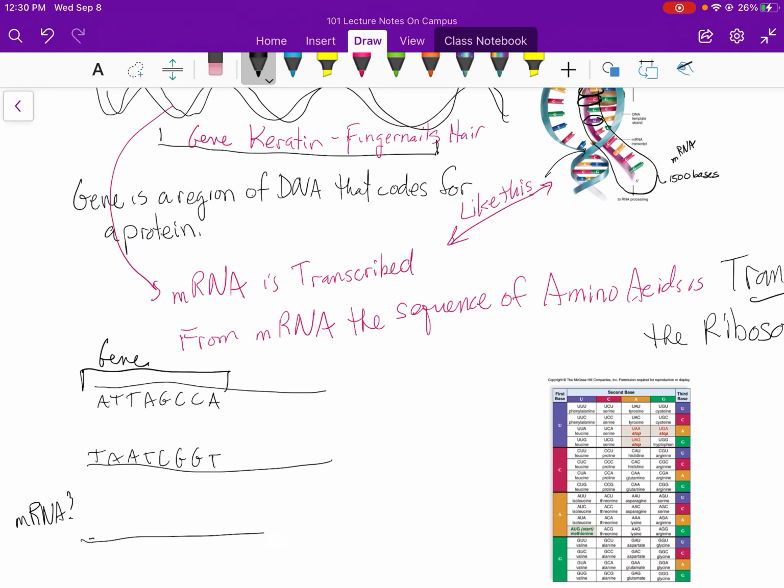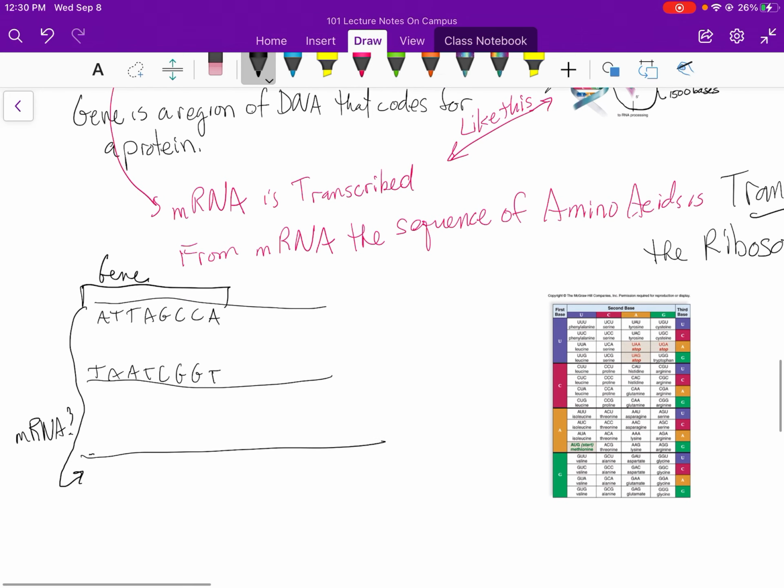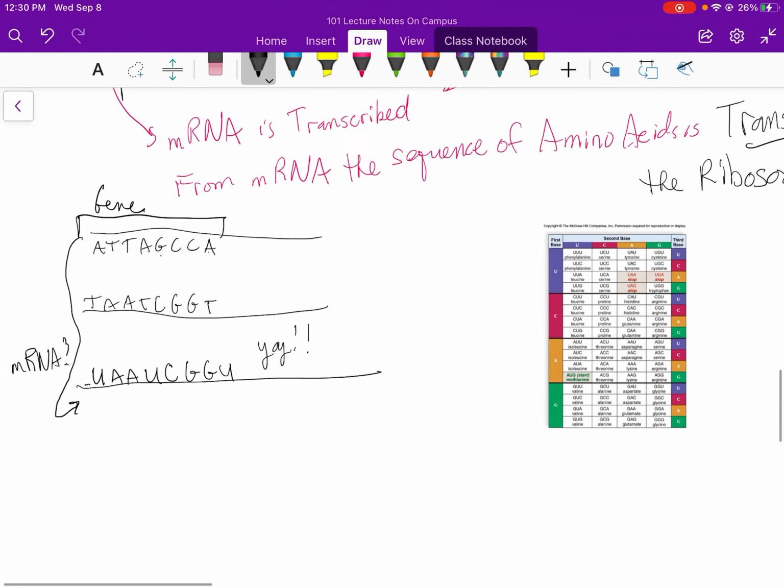Well, you'd have to fill that in here. That would be read off of that one, right? So what would that look like if you read that gene with the RNA polymerase? It would be the complement of A. So the complement of A would be T, but T is replaced by U. So it would be U, A, U, G would pair with a C, C would pair with a G, G, A would pair with U again, okay? So this is the mRNA strand. Yay! So that's pretty easy to do, right?